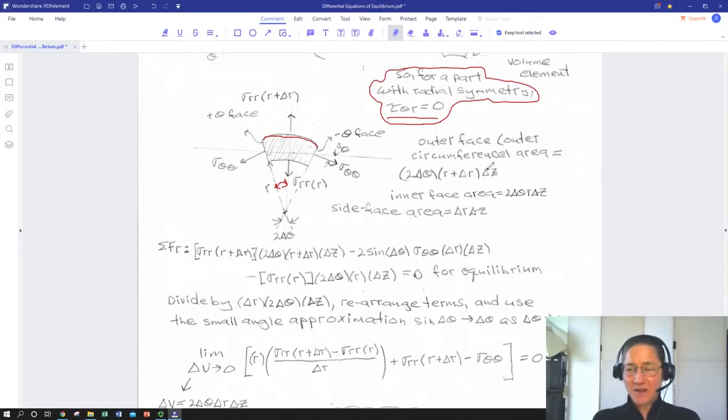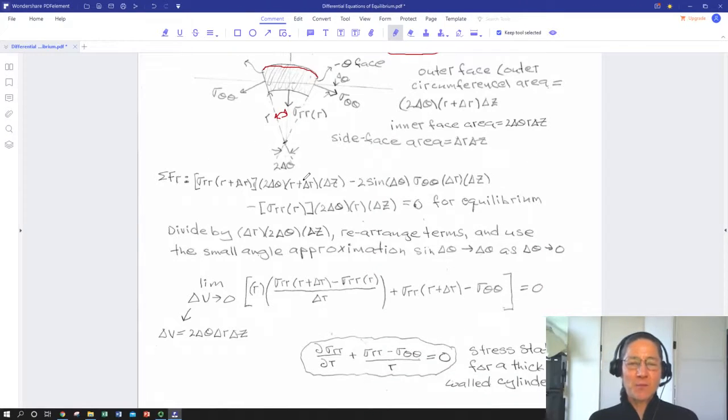So d theta, dr, dz: our d theta is effectively 2 delta theta, which we've defined as the whole theta angle, and then instead of r we have r plus delta r, and then of course dz coming out. The inner face is just 2 delta theta times r delta z, and the side faces are just going to be delta r, so r plus delta r minus r is just delta r, and then the z face coming out. So those are more rectangular. There's no curve to those ones.